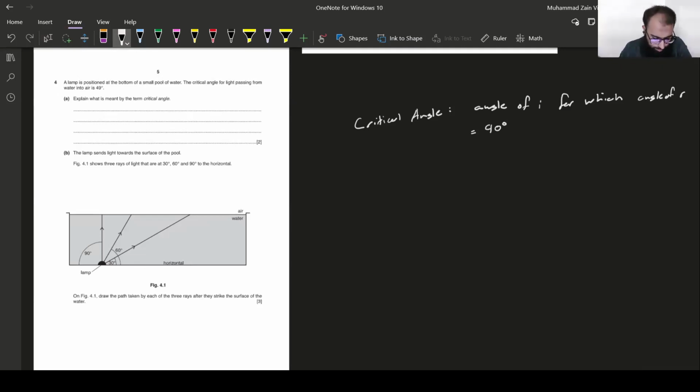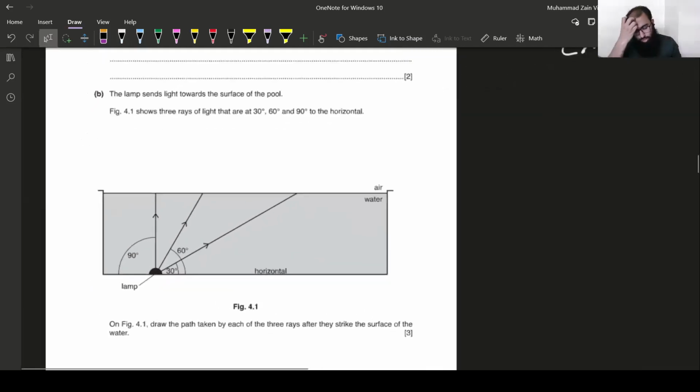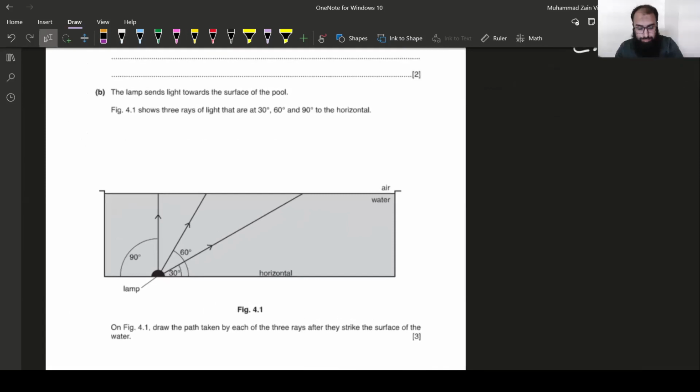That's the same thing. Okay, so now we know that the critical angle is 49 degrees, meaning that whenever the angle of incidence is greater than 49 degrees, there would be total internal reflection. So obviously they've now shown me 3 rays, and they're asking me about the path of all these 3 rays. So the first ray, which goes vertically upwards, makes an angle of 0 degrees with the normal.